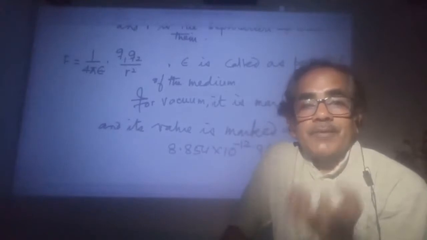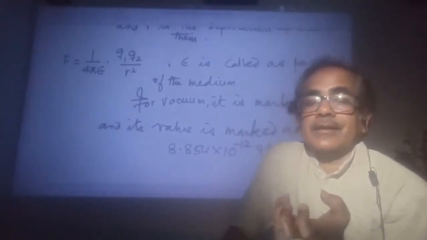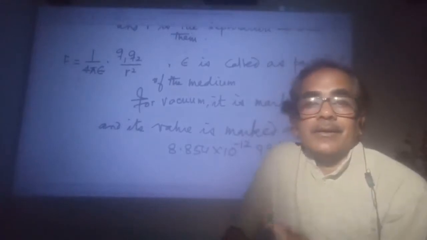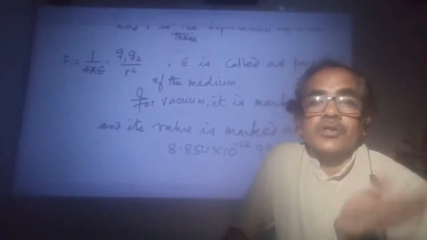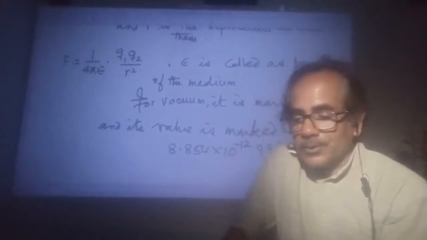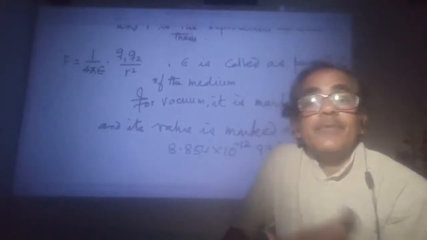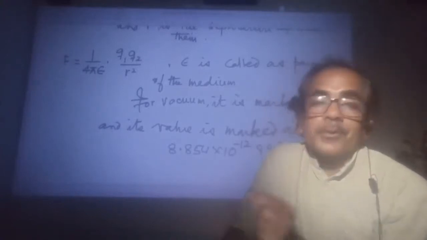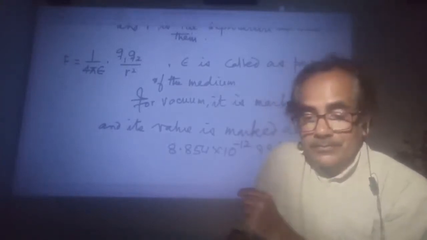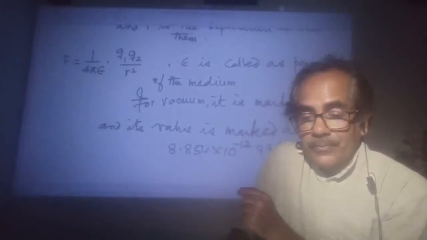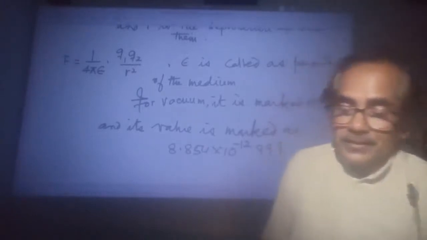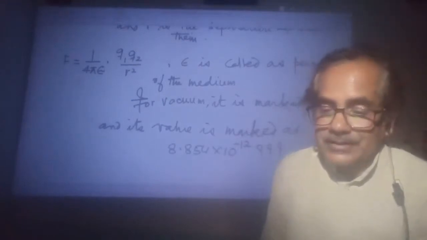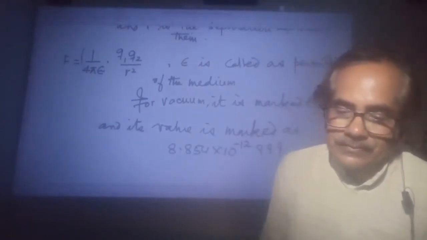So the effect of this material was taken as a constant quantity in finalizing this variation in order to calculate the force, and by different other means this value was observed as 8.854 into 10 to the power minus 12. So altogether the constant of variation in this case is taken as this.